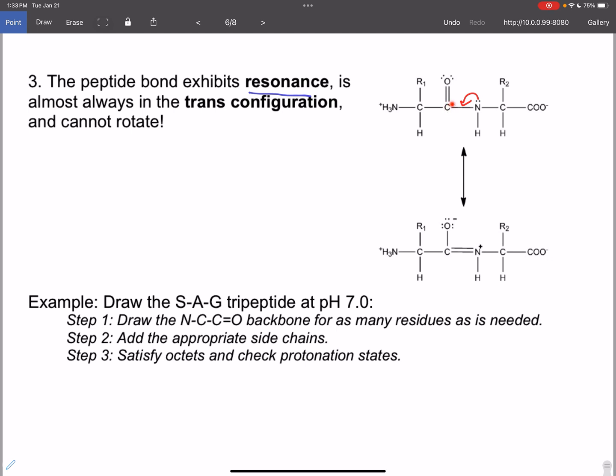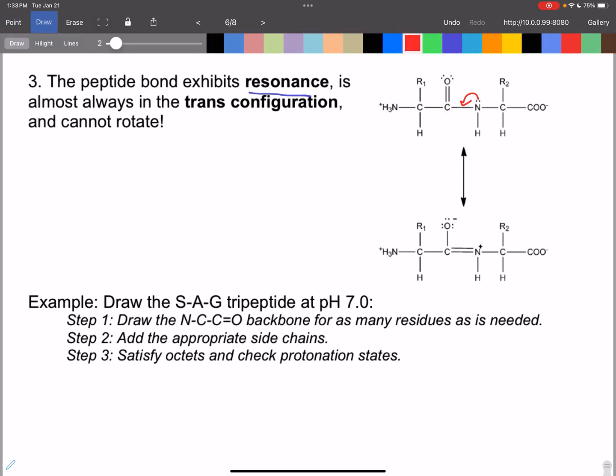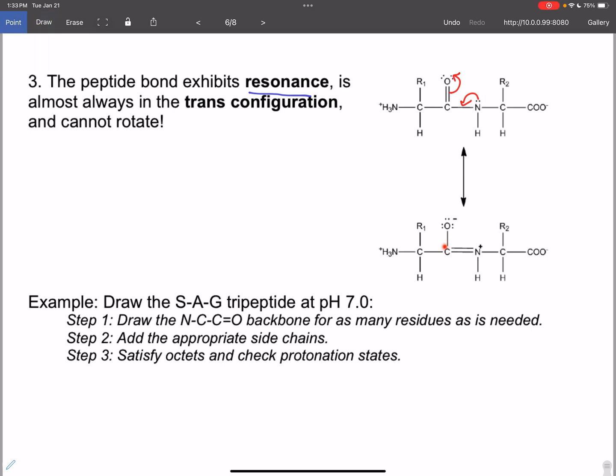That'd be 5 bonds. Carbon never makes 5 bonds. And so it can relieve that stress by moving one of the bonds from the double bond up onto that oxygen. And so that movement of electrons can lead us to this other resonance structure down here, where we have a little bit of double bond character on the peptide bond.